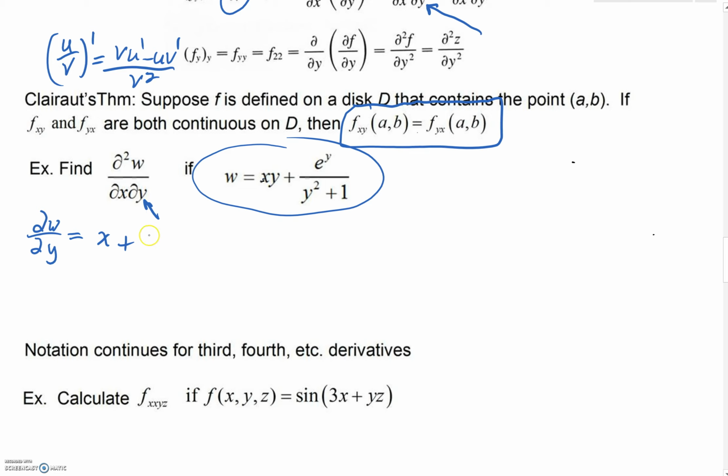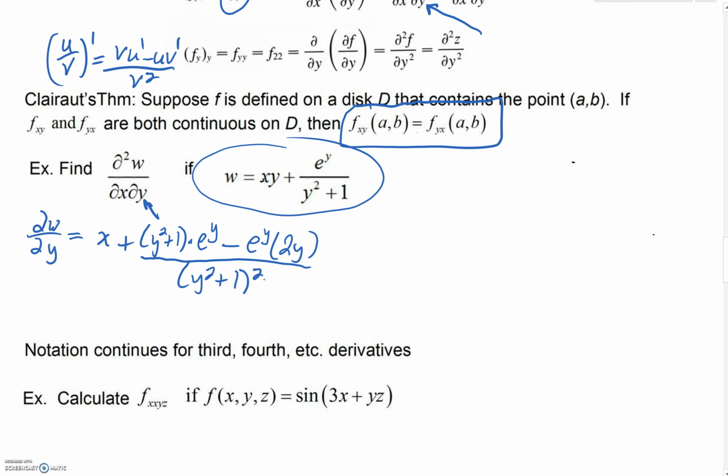Well, we'll have low, which is y squared plus 1, times the derivative of the top. E to the y with respect to y is e to the y, minus high, which is e to the y. D low is going to be a 2y. And then we'll put this all over low squared.